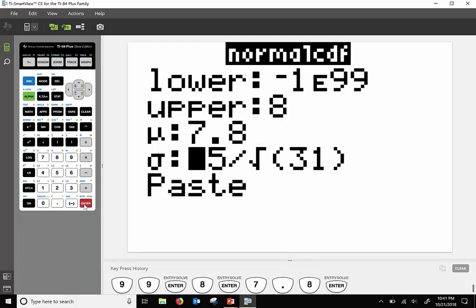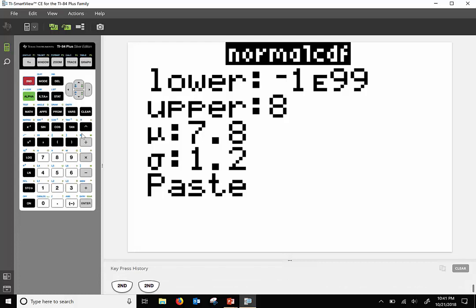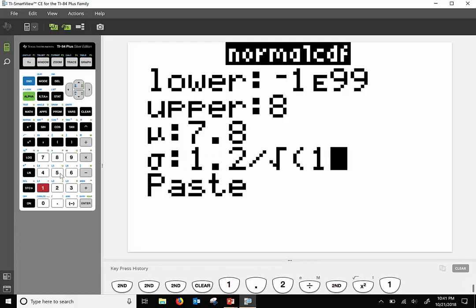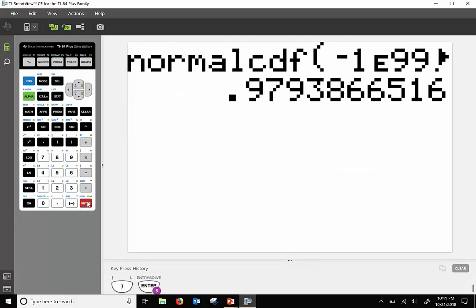And I believe the standard deviation was 1.2 divided by, oh, I forgot my divided by. Okay, 1.2 divided by the square root of 150. Now let's close that up. All right, enter, paste to the home screen, and we get a probability of 0.979.